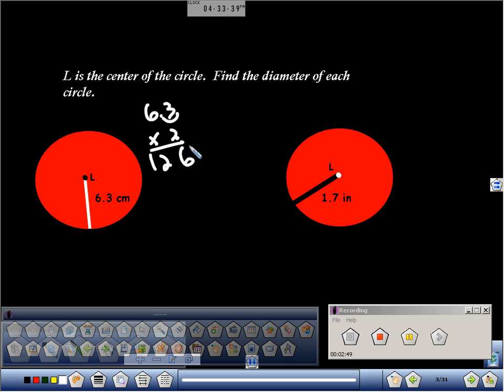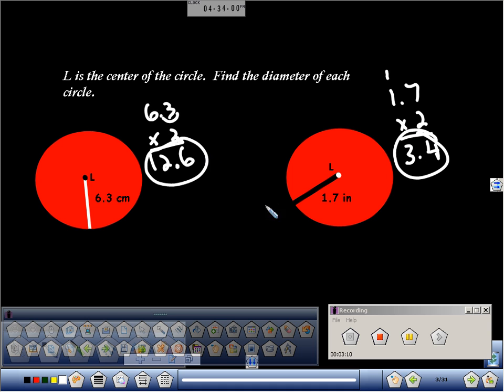Move the decimal once. So we get 12 6/10 for the diameter. Now on this one, we got 1 7/10 as a radius, so we go times 2. 7 times 2 is 14, carry the 1. 2 times 1 is 2, plus 1 is 3, so we get 3 4/10. So those are our two answers.